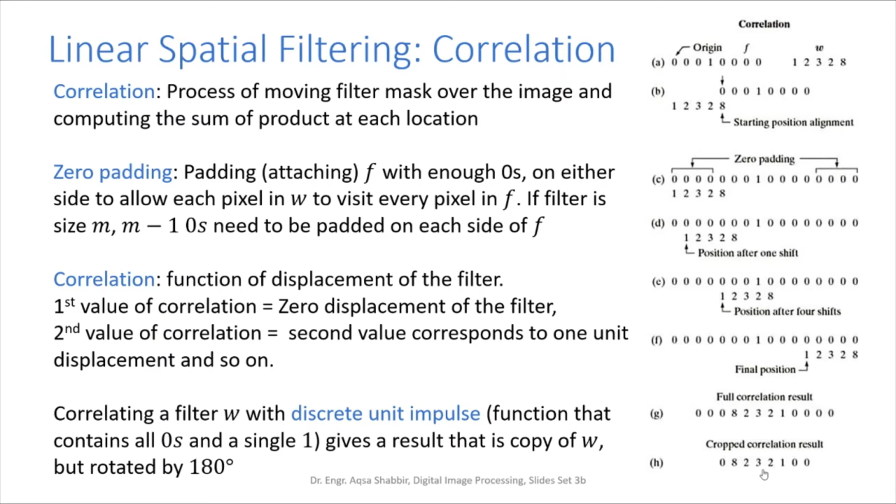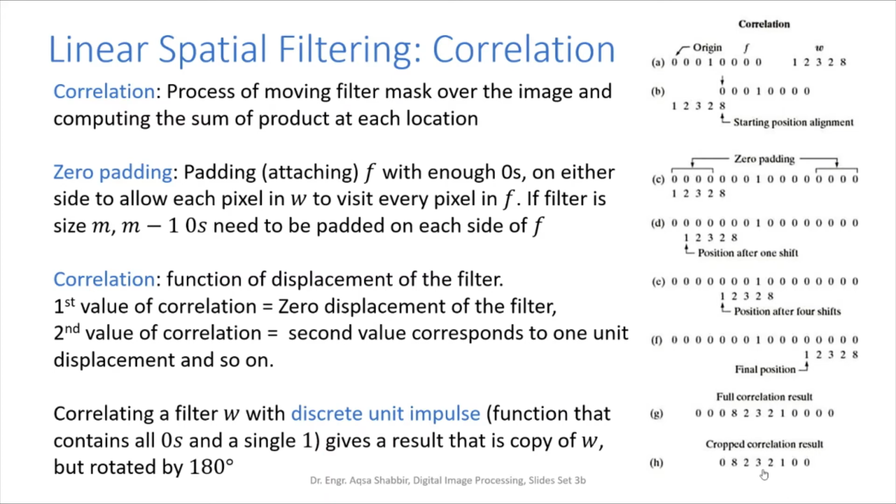The solution to this problem is to pad or attach function f with enough zeros on either side to allow each pixel in the filter w to visit every pixel in the function f. Now, if the filter is of size m, we need m minus 1 zeros on either side of function f. Part C over here shows a properly padded function.